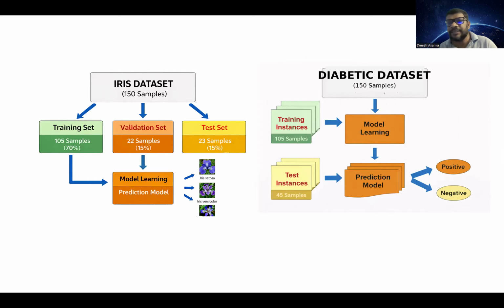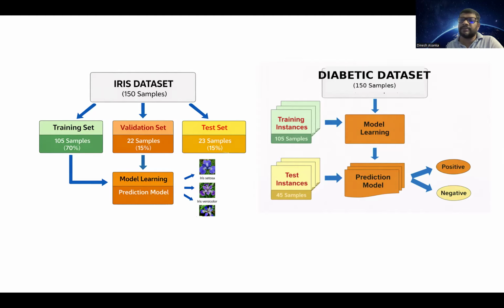Now, for example, let's say we have 150 records. Out of these 150 records, 105 records will be used to train the model. So then we have a model. So by choosing different parameters, let's say we have a model built on decision trees. And now how to validate this? So we have 45 samples of data in the test instance to validate this.